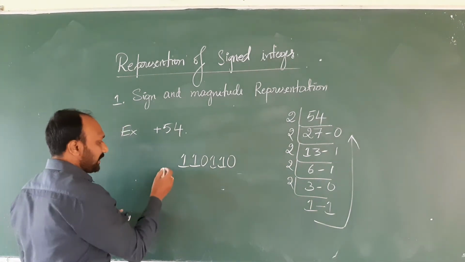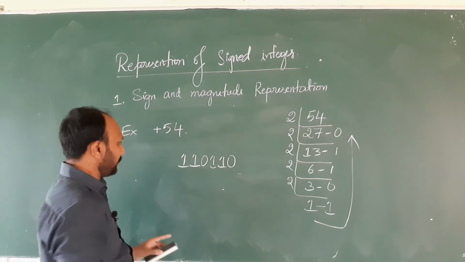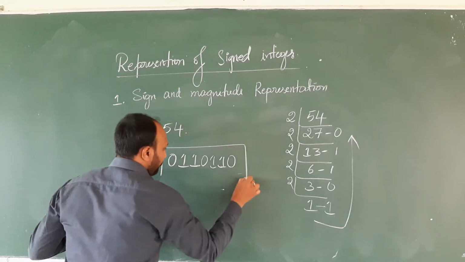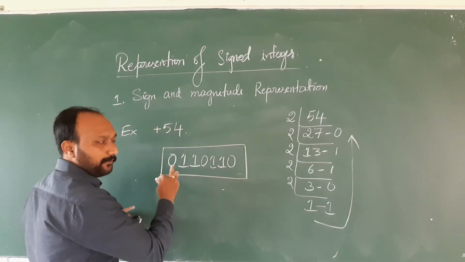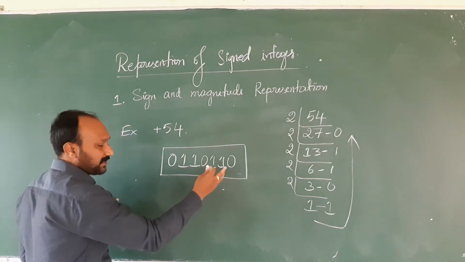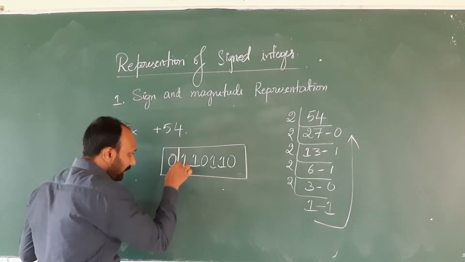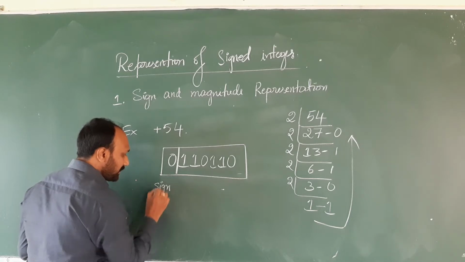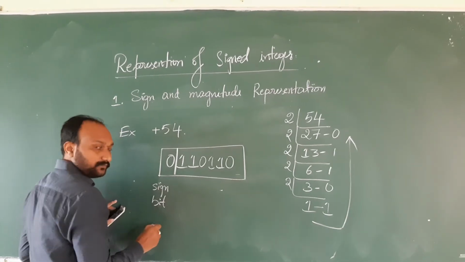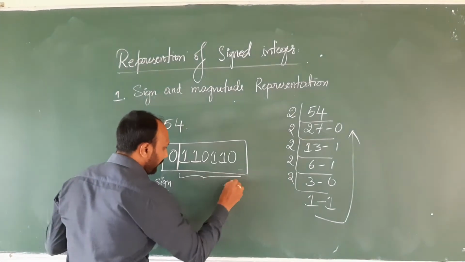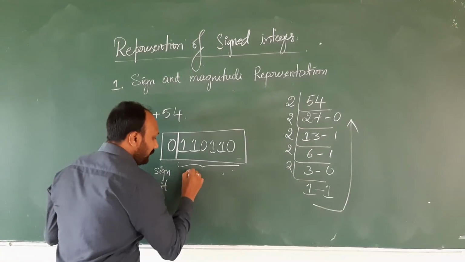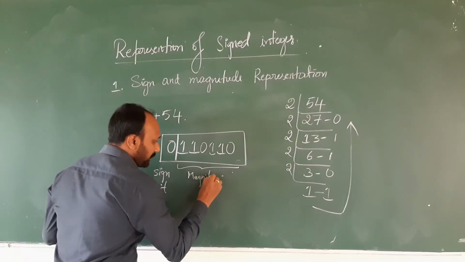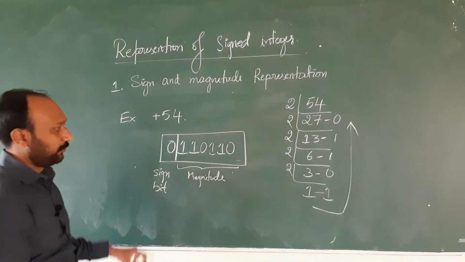First we need to add the bit to the leftmost position, that is here 0. So in this complete sequence of zeros and 1, the starting bit represents the sign. It is the sign bit, and this complete sequence of bits is representing magnitude. I hope you have understood.